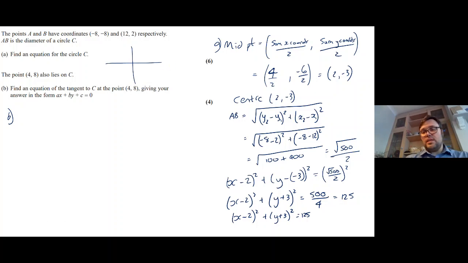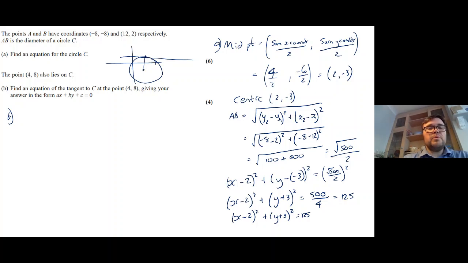We know the center is at 2, -3. So there's the center approximately. We know point 4, 8, should put it up higher, is there, and we need to work out this tangent here.